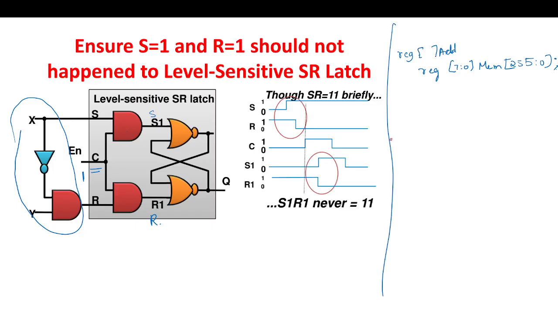So it should also be able to access 2 to the power something. How much is 256? I think 8 should be sufficient. So 7 down to 0 for address.